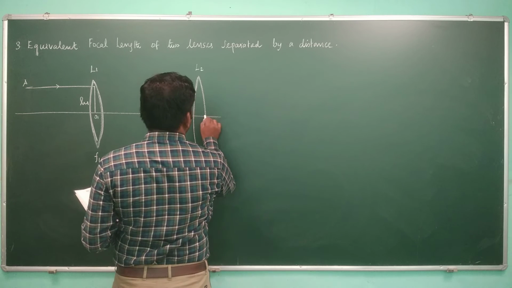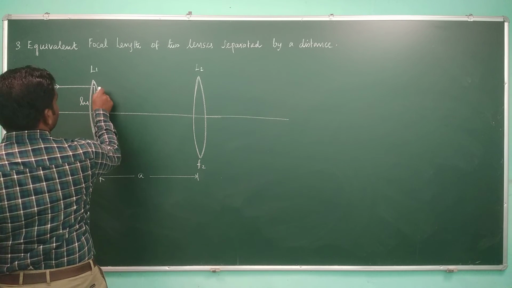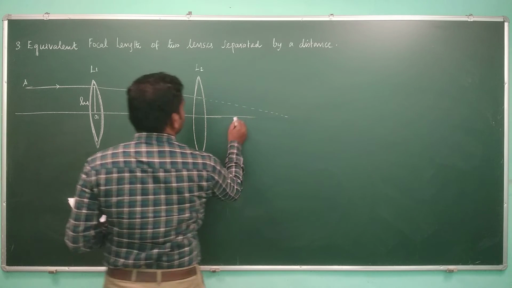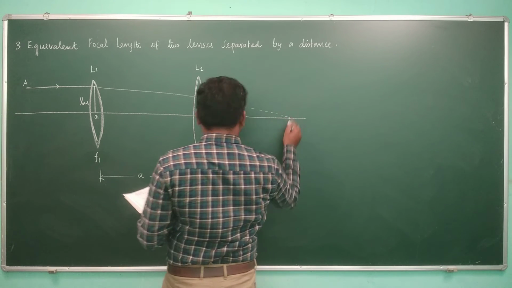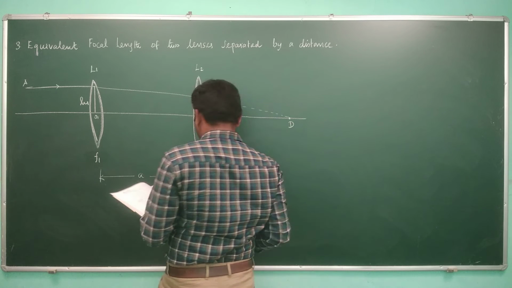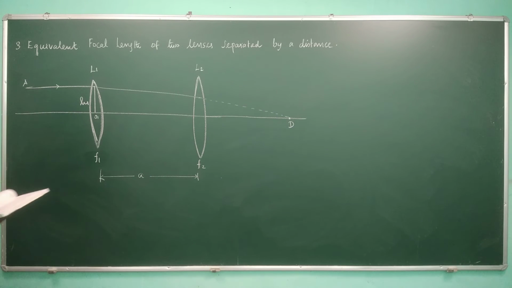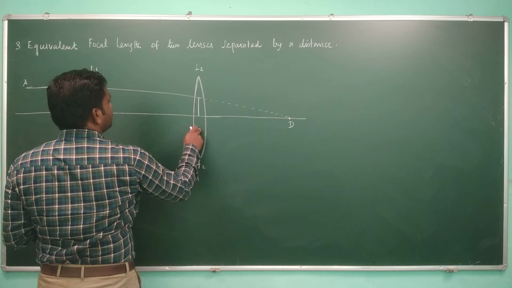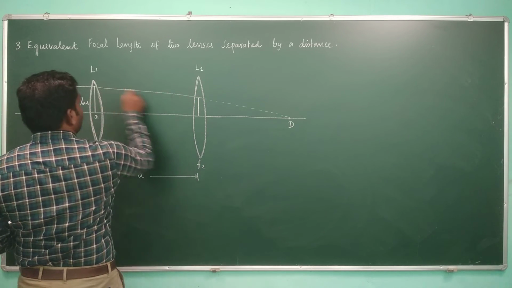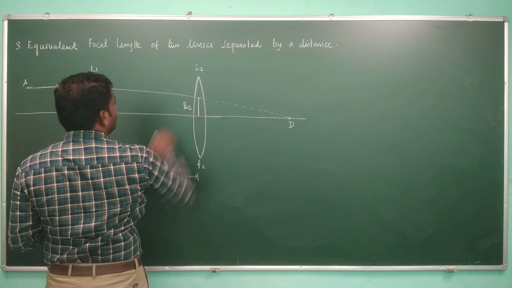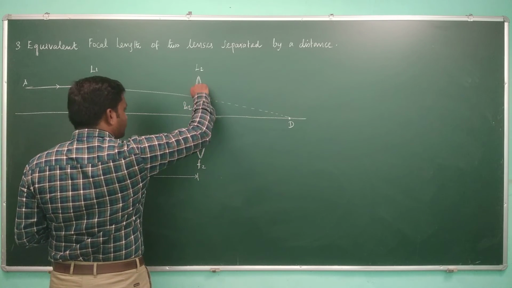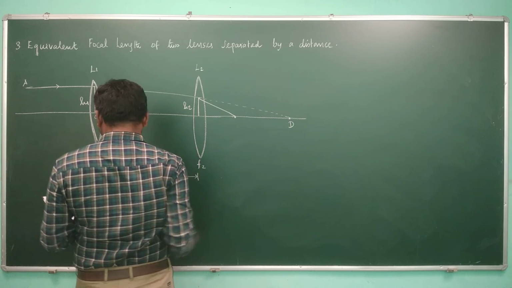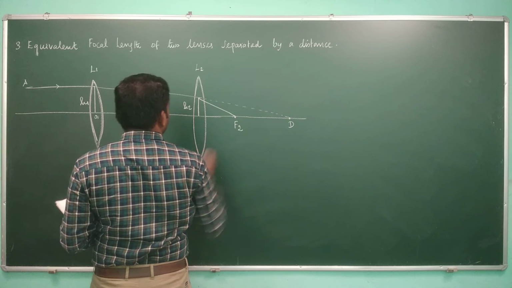If it is deviated, it is supposed to go and meet the optical axis at the point D, right? But there is a second lens here, and this refracted ray meets the second lens at the point H2, and there is again a refraction. Due to that refraction, it meets the optical axis at the point F2.